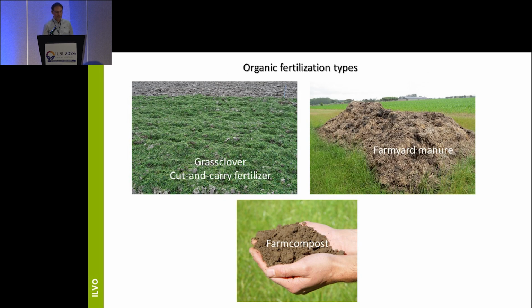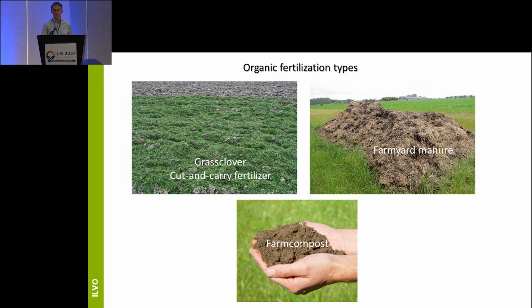So some examples of organic fertilization types. In the upper left corner, you see grass clover. Sometimes grass clover is in the crop rotation as a rest crop.